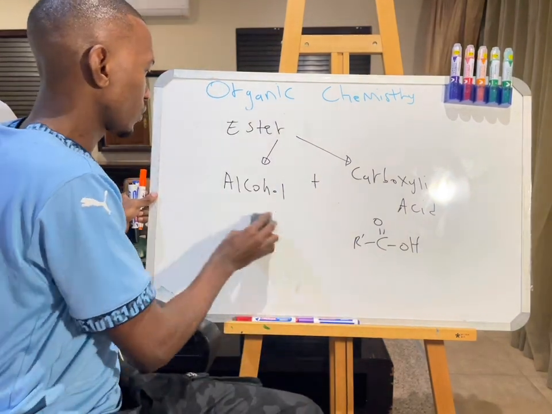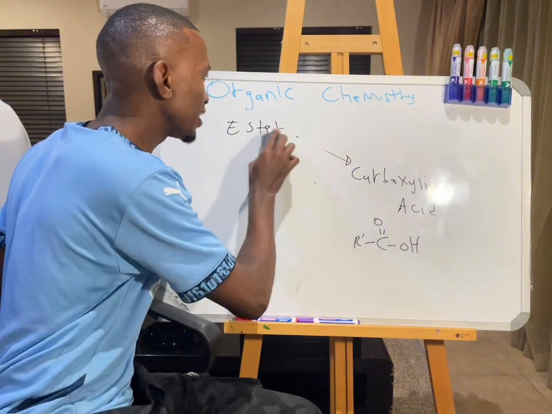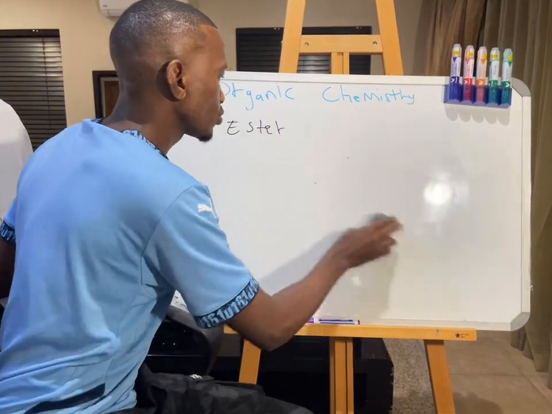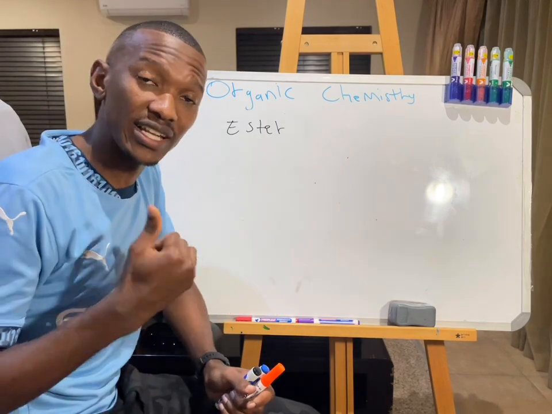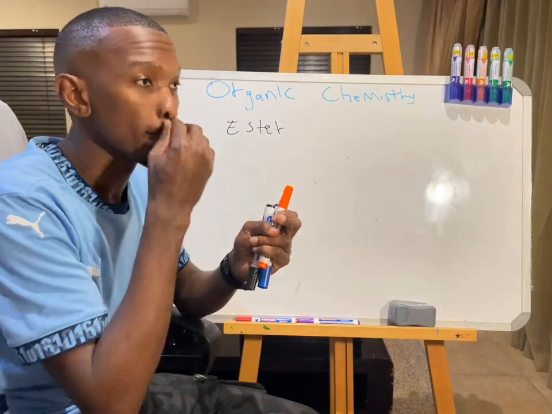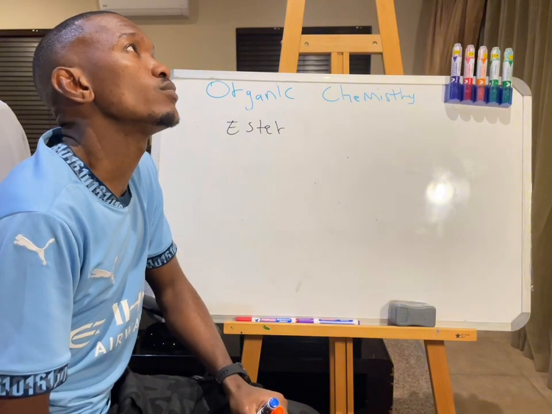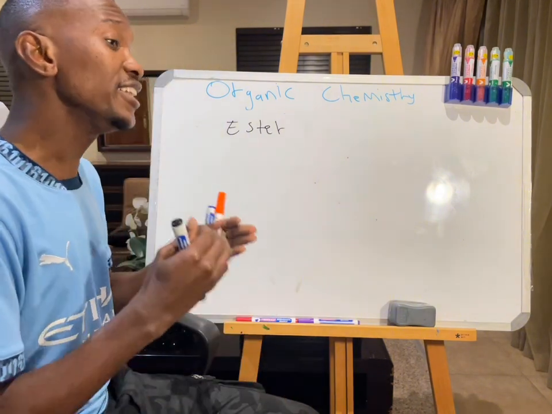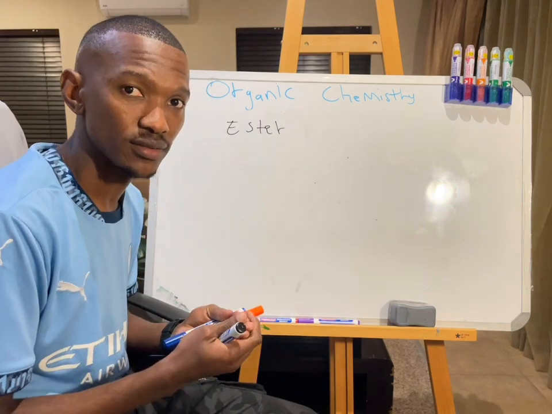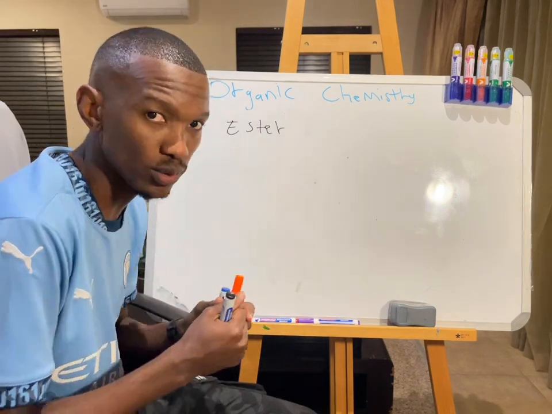Right. So let's try to make an ester reaction, guys. We just mentioned that to make an ester, there are two reactants that we need: alcohol and carboxylic acid, right? All right. Think about this. Any reaction requires a catalyst to yield that product.